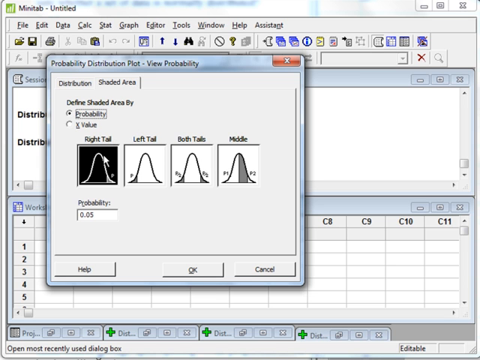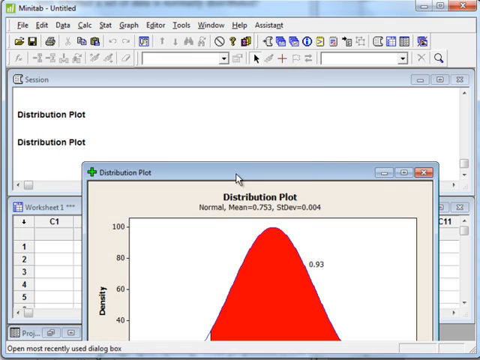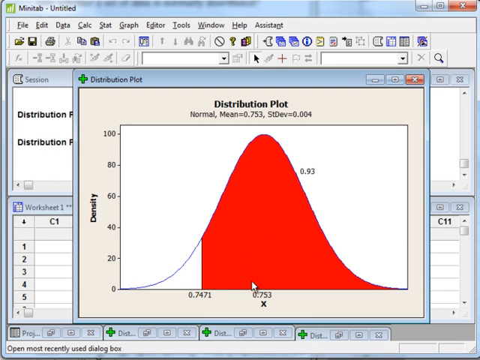And it will be a right tail because, as we saw, the probability of something being larger than an unknown value is 93%. So I'm going to type in 0.93 and click OK. And you can see that now I've got 93% of the ball bearings are larger than 0.7471 inches in diameter. And that's the answer to part E.